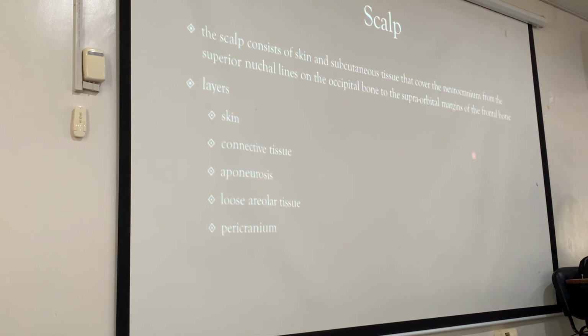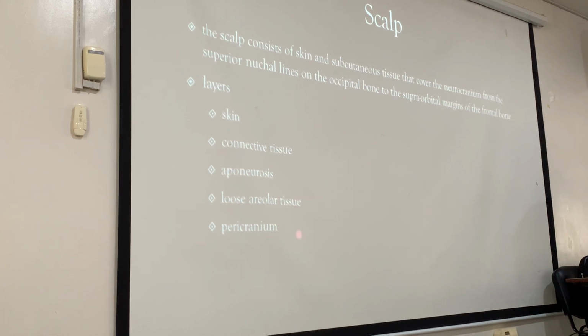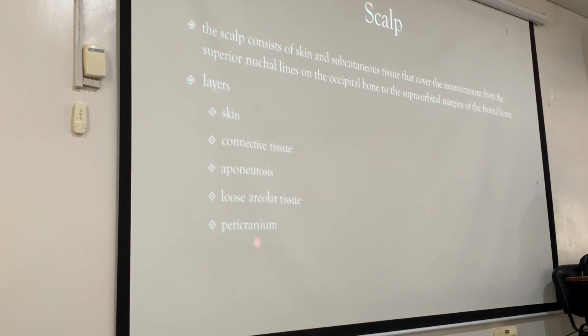5 layers which are conveniently spelled out as scalp, S-C-A-L-P. So if you have a scalpel and you incise the scalp, you go through these layers. First the skin, and then the connective tissue underneath the skin, and then there's an aponeurosis, loose areolar tissue, and then you reach the pericranium. So again, it spells out S-C-A-L-P.